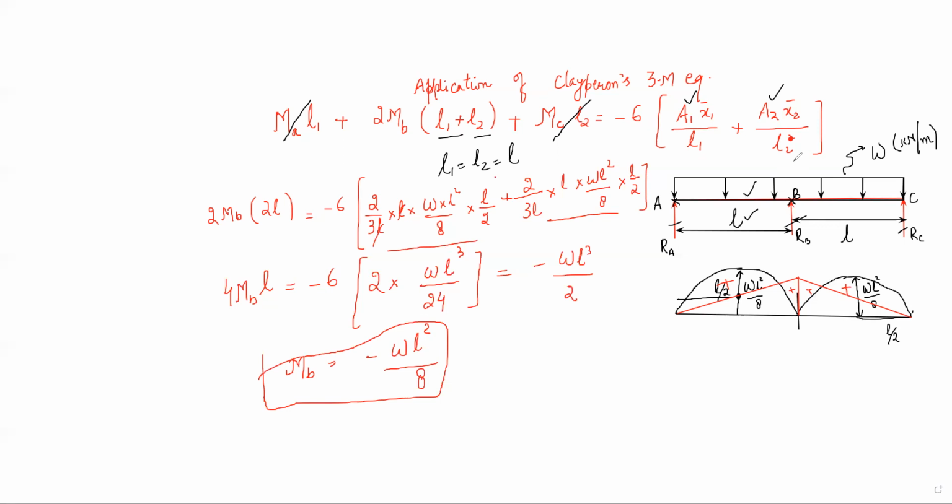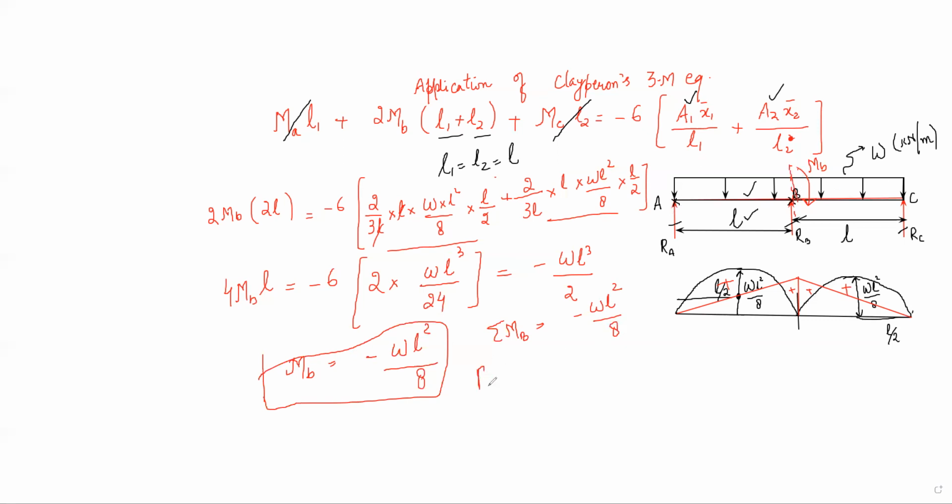Take a section of this beam at point B and say the shear force there is V and the bending moment there is now equal to MB. Okay. So the summation of all the moments about point B has to be equal to minus WL square divided by 8. So once we take a section here, we'll take the left moments into consideration.